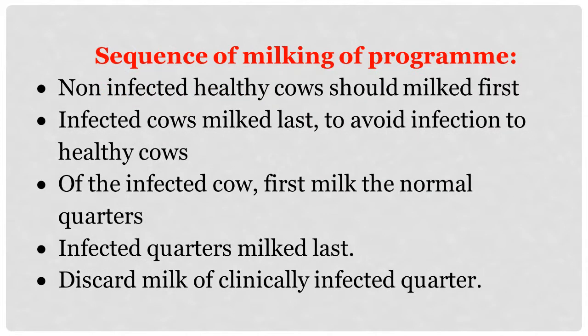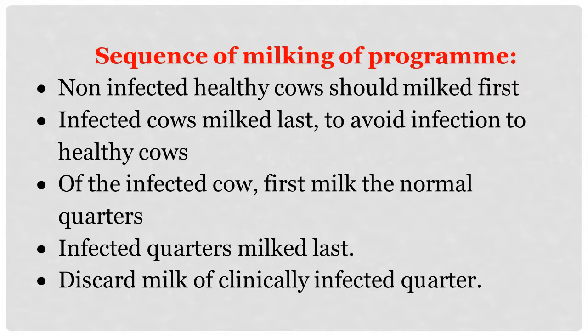Friends, a simple and effective step is the sequence of milking program. Very important. So here is what the owner or the farmer has to do. First, non-infected healthy cows should be milked first.